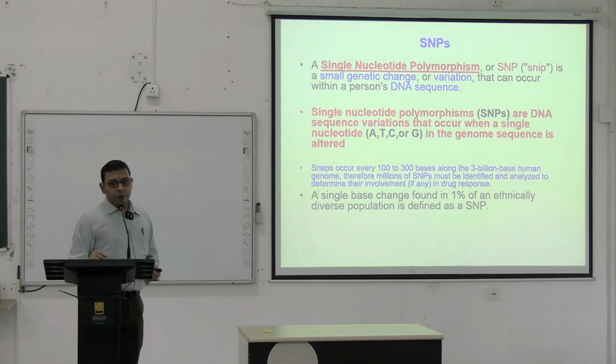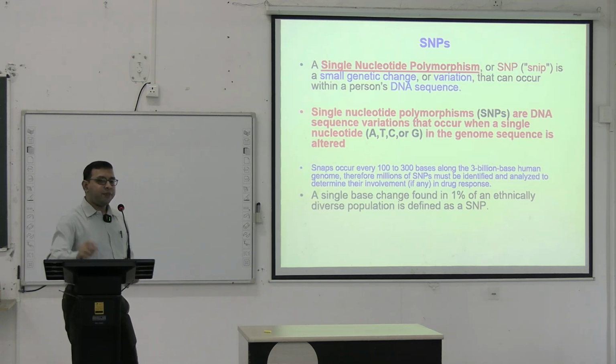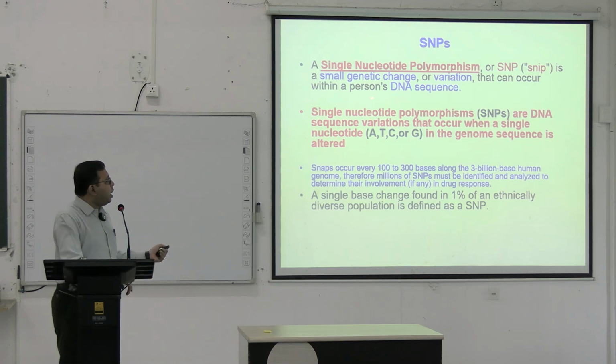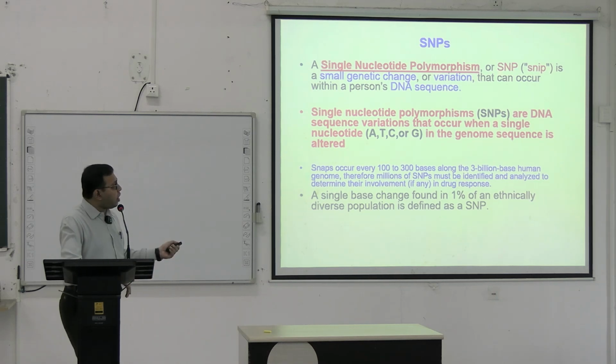From genetic polymorphism, next we come to something more specific, known as the single nucleotide polymorphism, or SNP. An SNP is a small genetic change or variation that can occur within a person's DNA sequence. It is a DNA sequence variation that occurs when a single nucleotide, either A, T, C or G, in the genome sequence is altered.